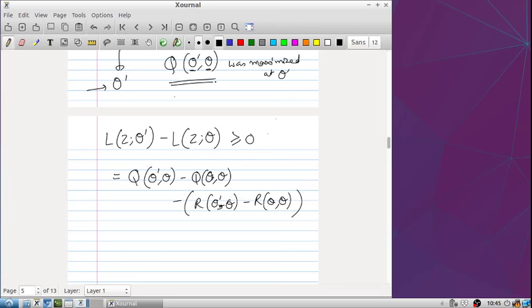So for any other value of the first argument, this guy has to be greater than this guy. So at least the first term is positive. We wanted to show that this difference is positive. The only thing that remains is to say that the term inside is negative, then the negative gives a positive. So both terms are positive, which means this difference is positive. That's roughly where we're trying to get.